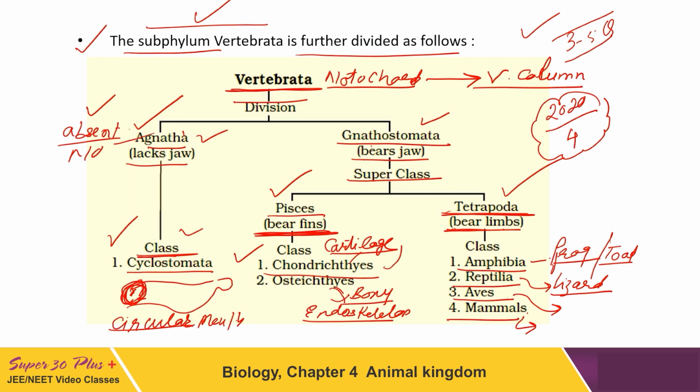Cartilaginous fish, and Osteichthyes, the bony fish. We have to study these in detail. And Tetrapoda, the name indicates, tetra means four, poda means limbs, so four limbs are there, and it has four classes: Amphibia, Reptilia, Aves and Mammalia. I told you the detail of this right now.